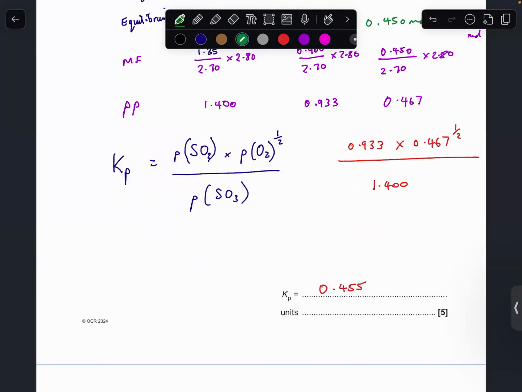With the units at the top, you've got atm multiplied by atm to the half over atm. You can see that these cancel out and you're left with atm to the half. That is your answer. You get 5 marks for that.